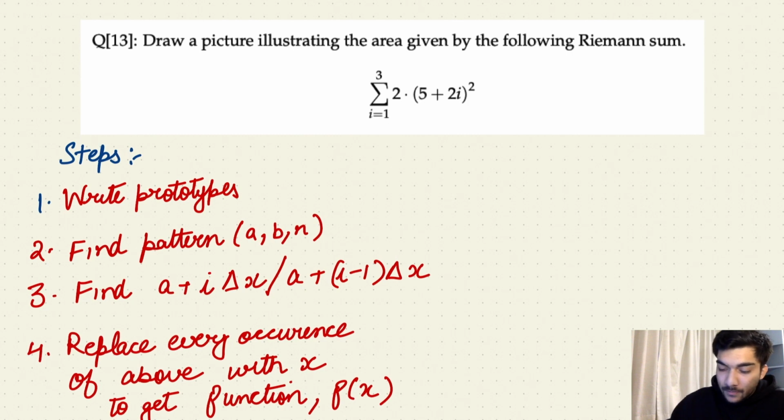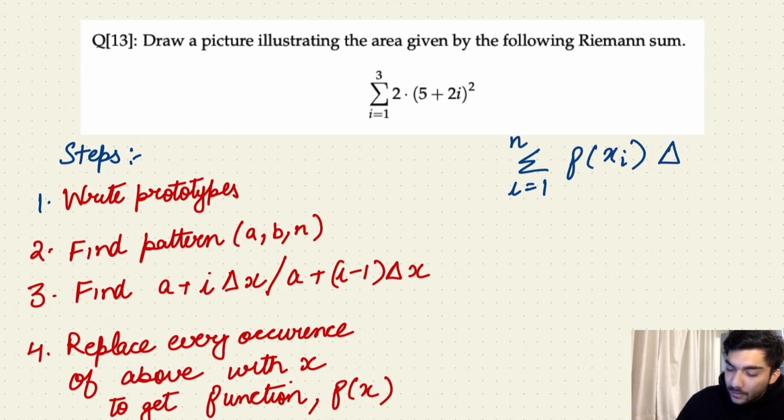In the first step, we have to write the prototypes of what a Riemann sum looks like. A Riemann sum looks like a sigma notation, and I'll use i in this case because they've used i, from i equals 1 to n of f(xi) delta x, where my xi is either the right or the left version.